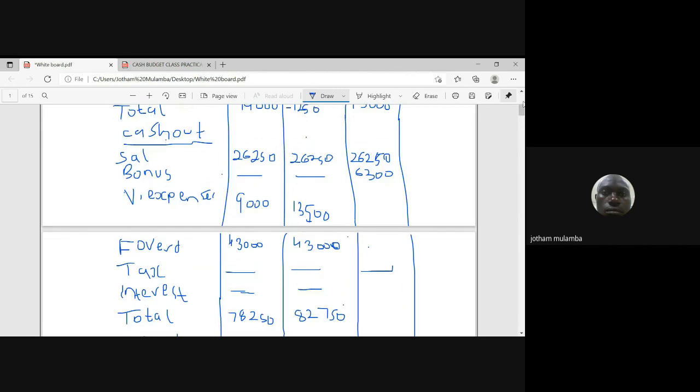Fixed or variable expenses, we get 0.5% of 4,500,000.